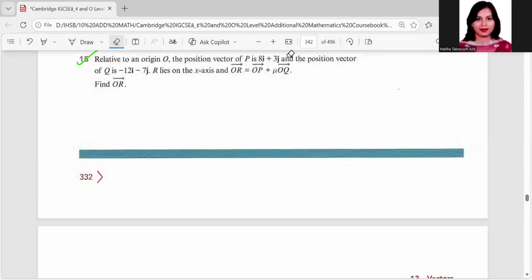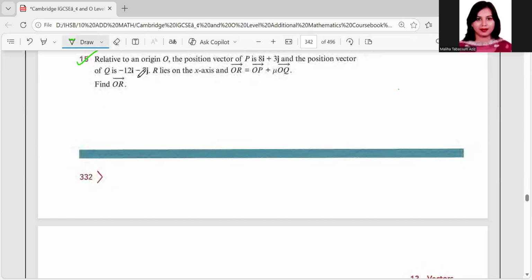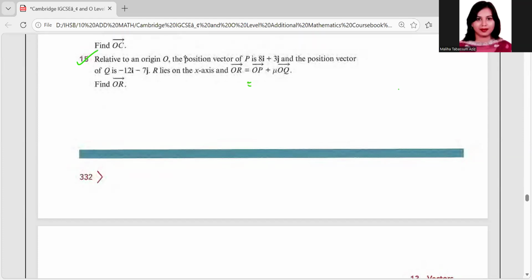So OP can be written as 8i plus 3j, plus mu, and OQ is minus 12i minus 7j. After rearranging, we are getting 8i minus 12 mu i plus 3j minus 7 mu j.